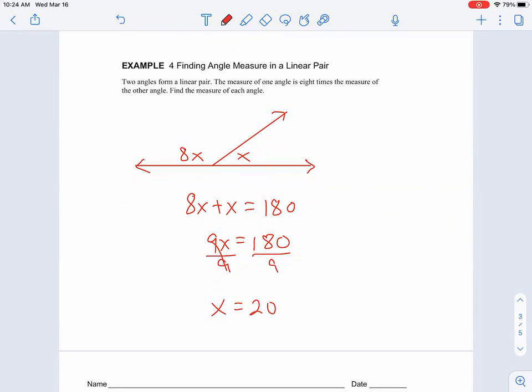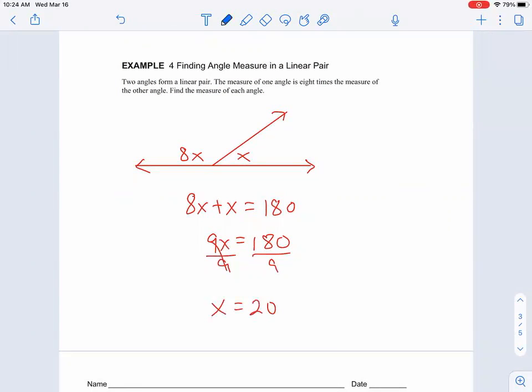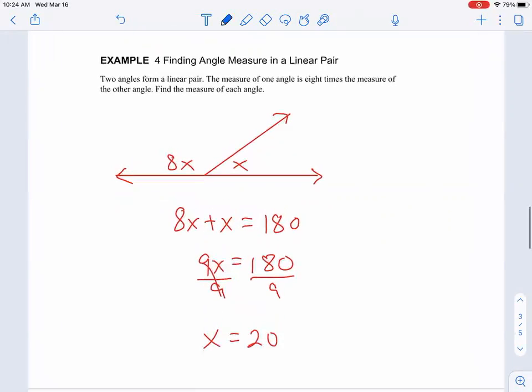And then divide by 9, so x comes out to be 20. If I plug in 20 for x, that means this angle right here is 20 degrees. And this one is 8 times 20, which is 160 degrees. And of course, those two do add up to 180, right? So I feel good about our answer there.